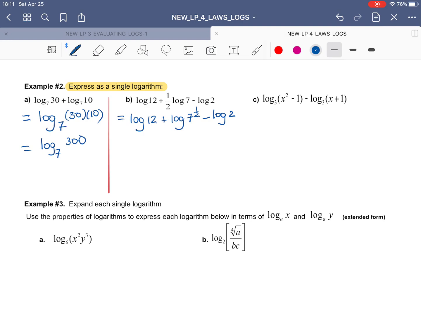Now I'm going to combine these together, and that will give us log of 12, and then the plus means that we are multiplying these two numbers.